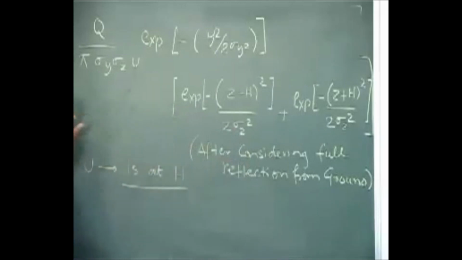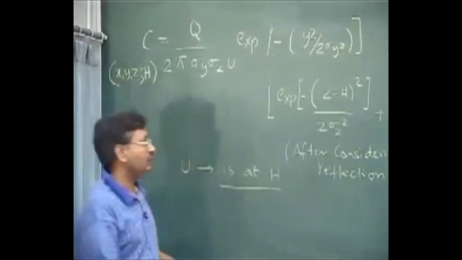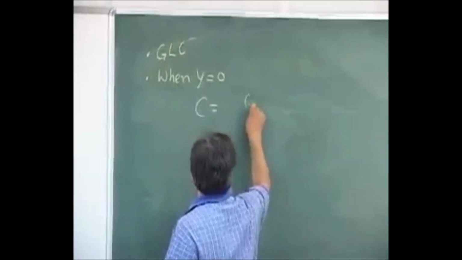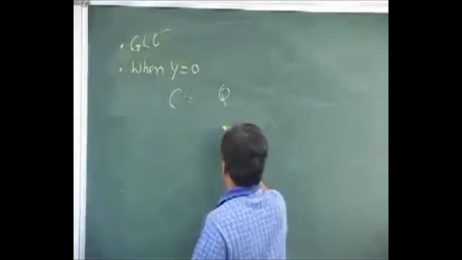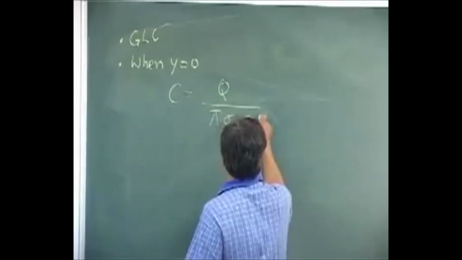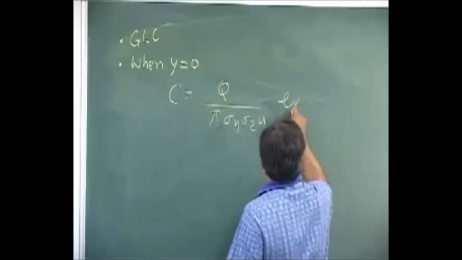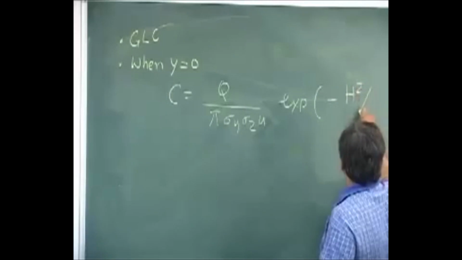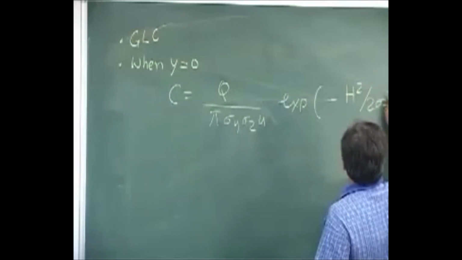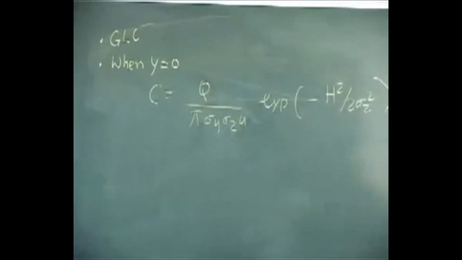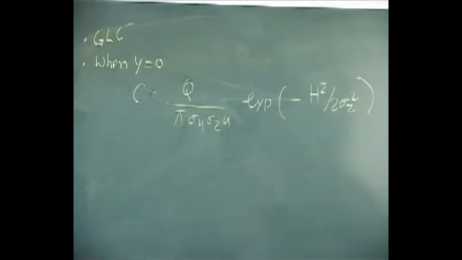That 2 will cancel out with this 2. So I will write that one, if you agree. The C becomes Q over pi sigma y sigma z u, exponential, y should disappear, minus h square by 2 sigma z square. That is all.